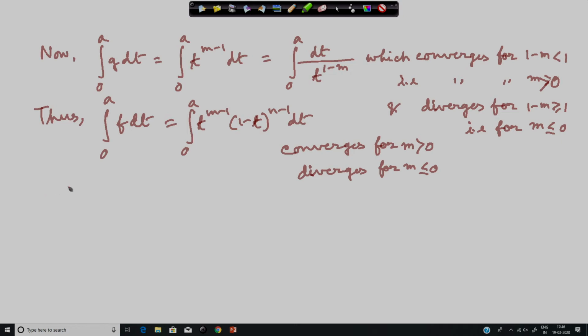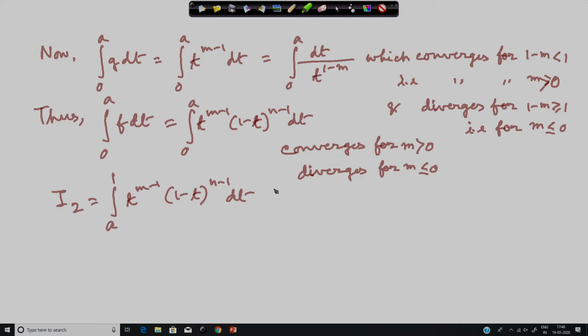Next, let us tackle the next integral I2. This is the integral from a to 1 of t to the power m minus 1, 1 minus t to the power n minus 1 dt, and this is a type 4 improper integral, as the integrand becomes unbounded at t equal to 1.